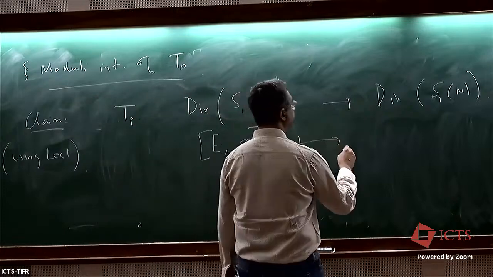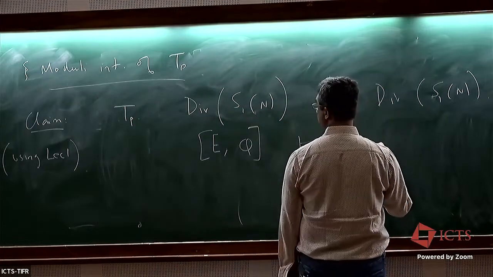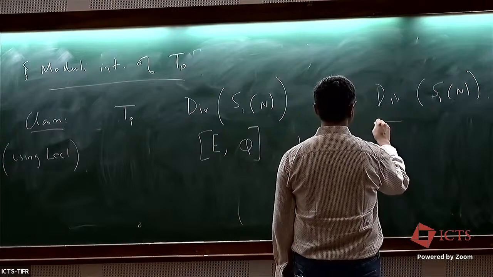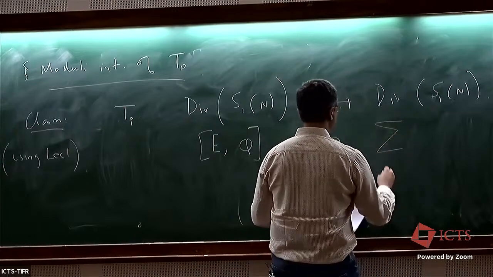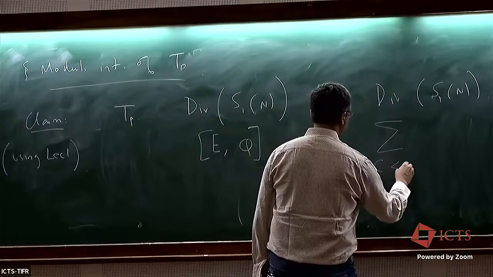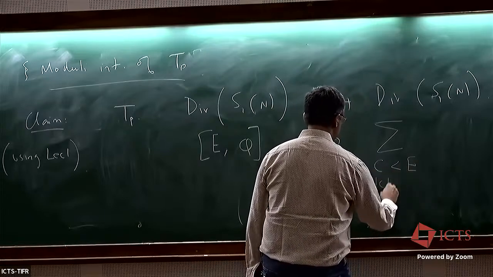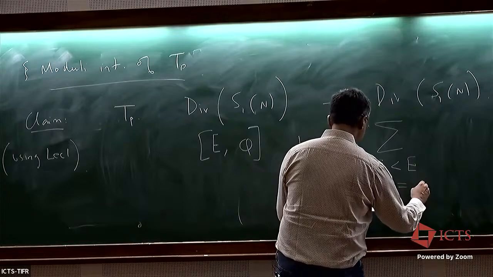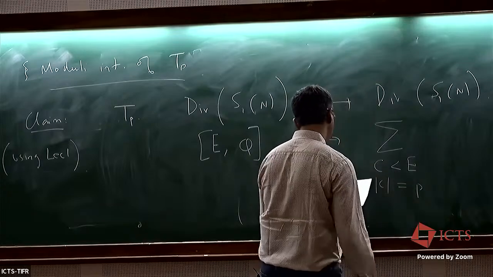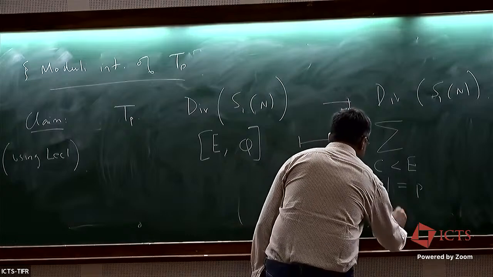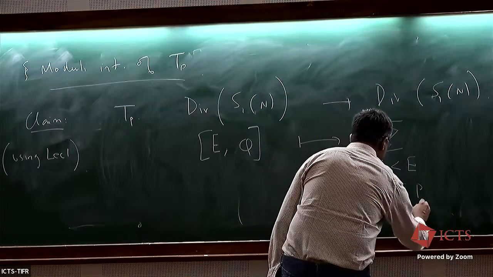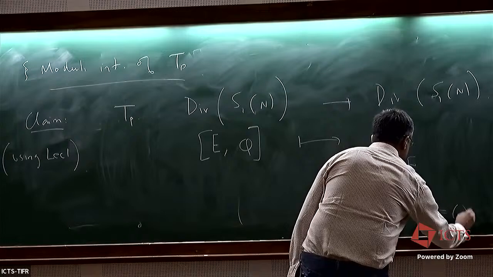(E, Q) goes to the following formal sum: you take all subgroups C of cardinality P, with the property that C intersected with the subgroup generated by Q is the 0 subgroup.